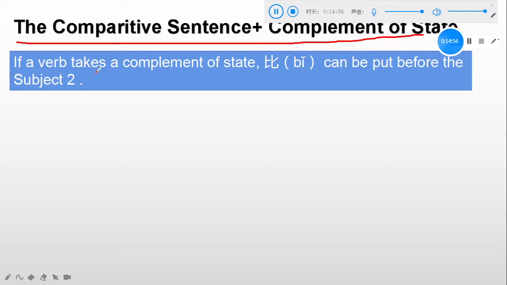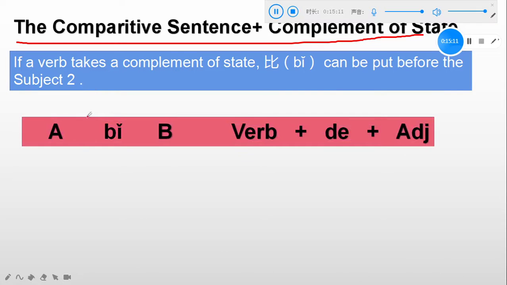If a verb takes a complemental state, 比 can be put before subject 2. Do you still remember the comparative sentence structure? Here, A 比 B with adjective. That's the basic sentence structure.